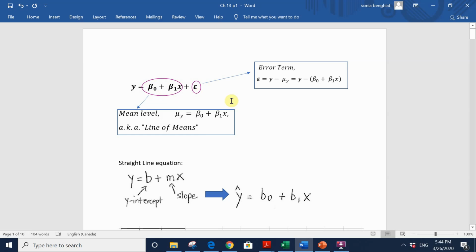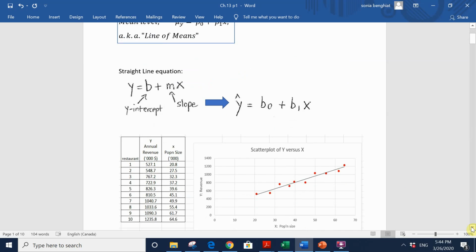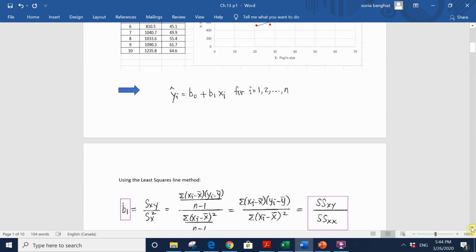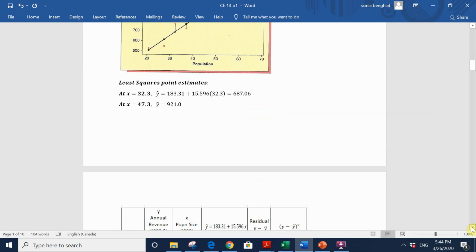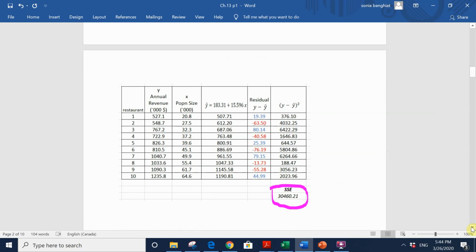So the deviations that I'm getting in my graph are in fact accounting for this error term inside my sample. It is my residuals. So here I have my SSE, my sum of squares of unexplained variation.